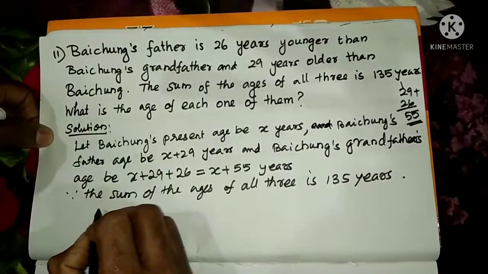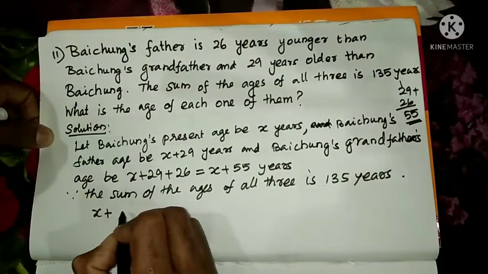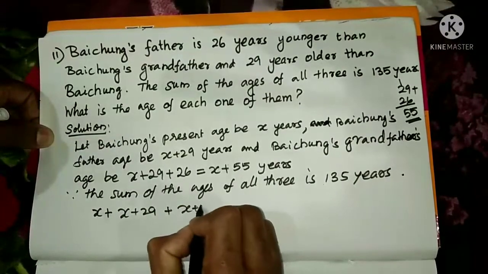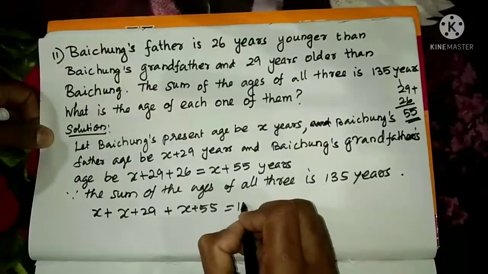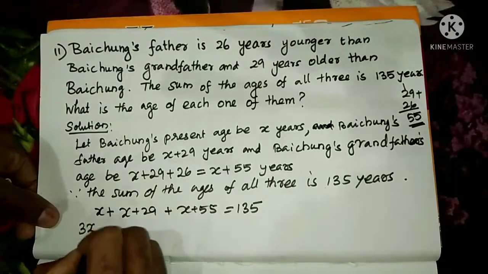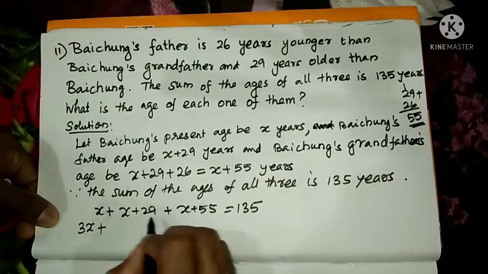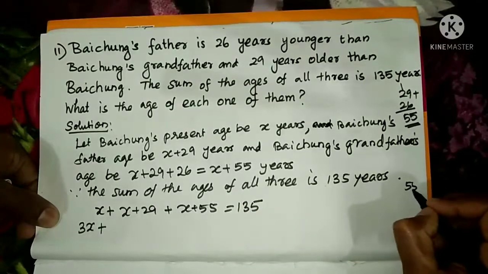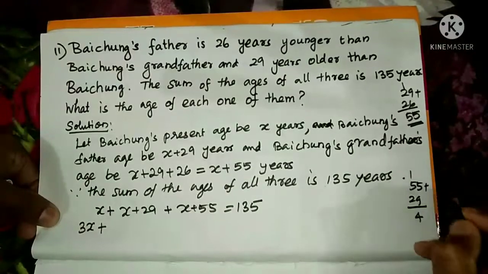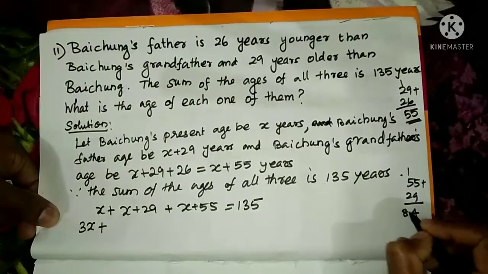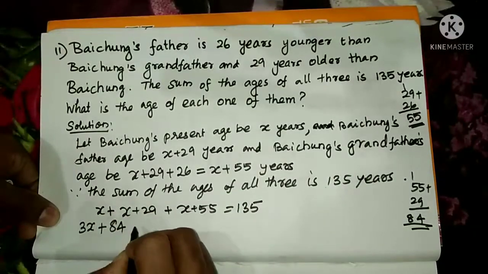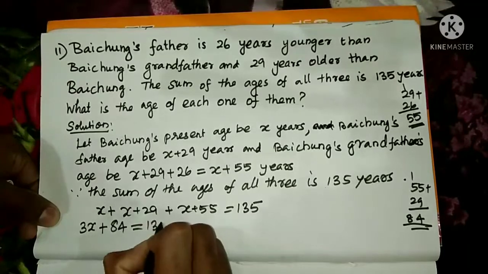So using that, Baijang's age, that is x, plus his father's age, x plus 29, and his grandfather's age, x plus 55, altogether that is 135. Now we can add all the x, so we have 3x here, plus now 29 plus 55. Carry over 1, we have 84. 3x plus 84 is equal to 135.